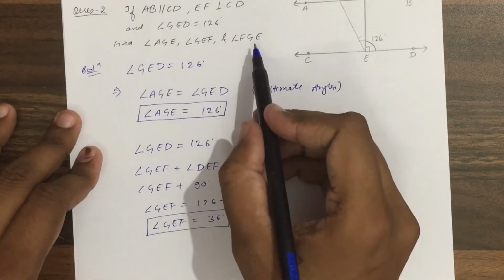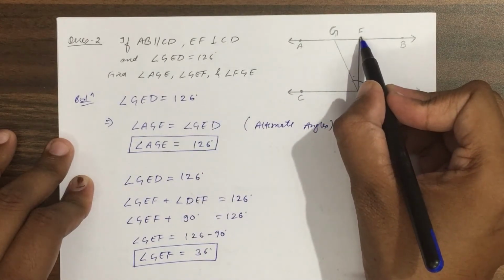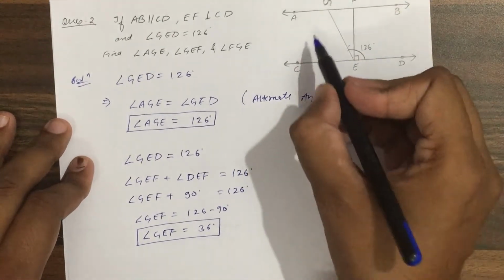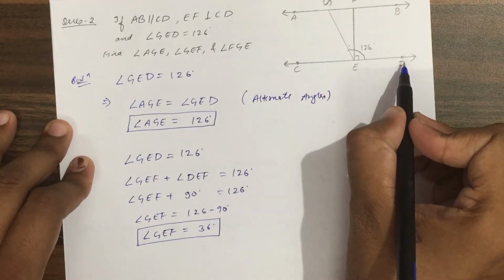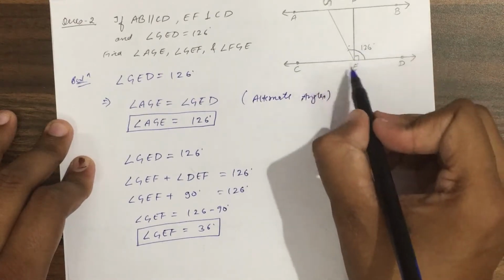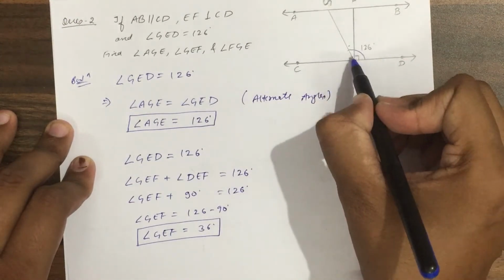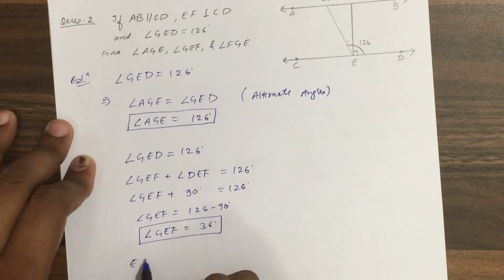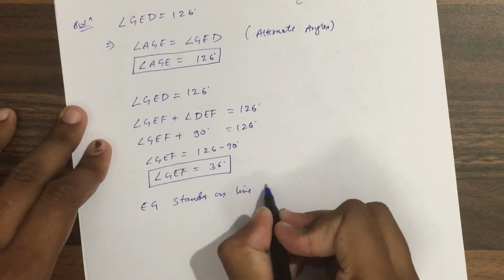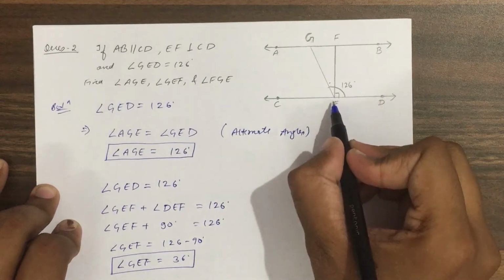Okay. Now at last we have to find the angle FGE. Now look, AB is parallel to CD and GE is the transversal. Or you can say that EG stands on line CD, so it will form a linear pair.